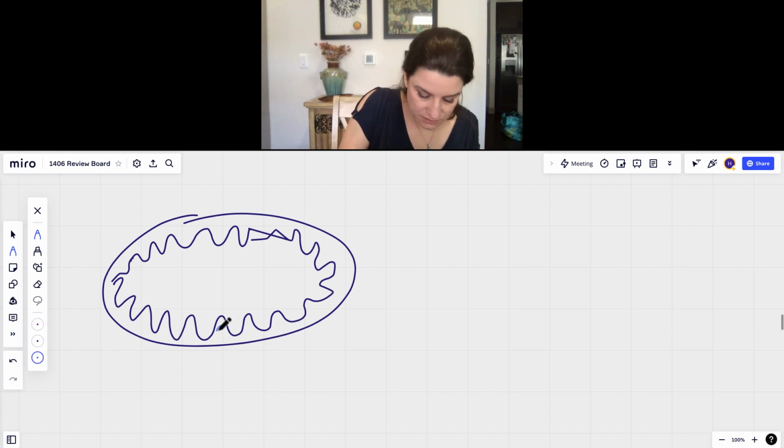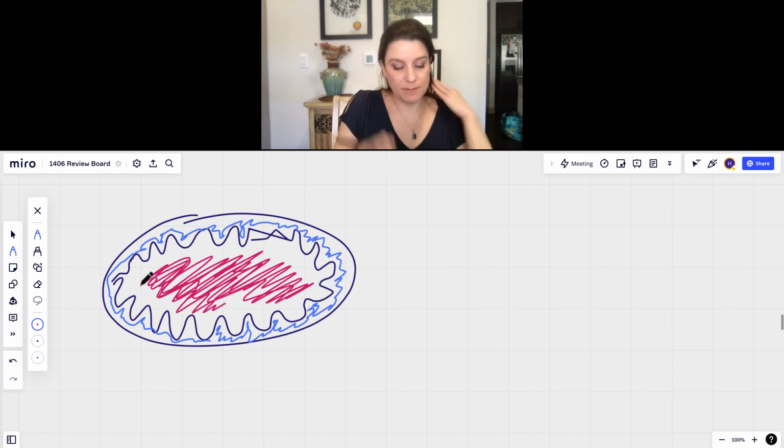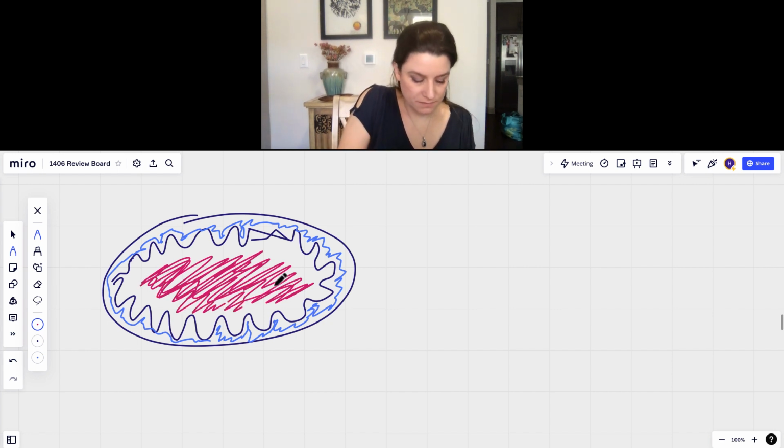Its hydrogen ions are going to concentrate in this intermembrane space. The other area here on the inside is the matrix. And then some processes happen out in the cytosol, like glycolysis.